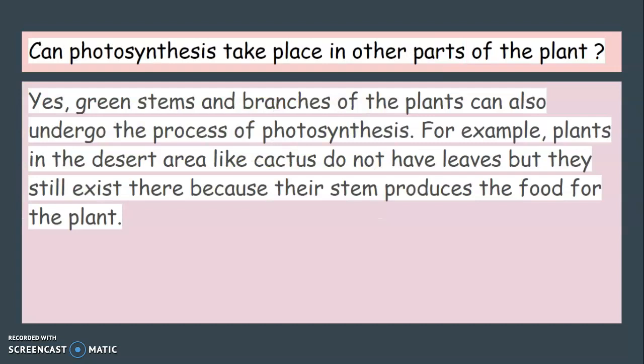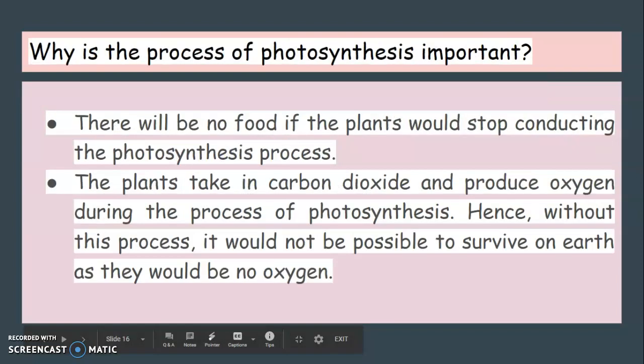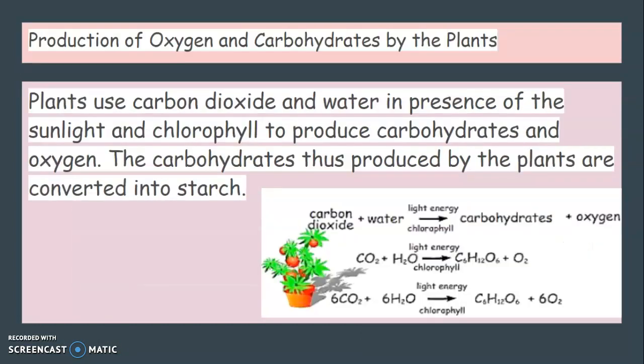Then we learned whether photosynthesis can take place in other parts of the plant, and we said yes for this answer. Then we learned why the process of photosynthesis is important, and the production of oxygen and carbohydrates by the plants.